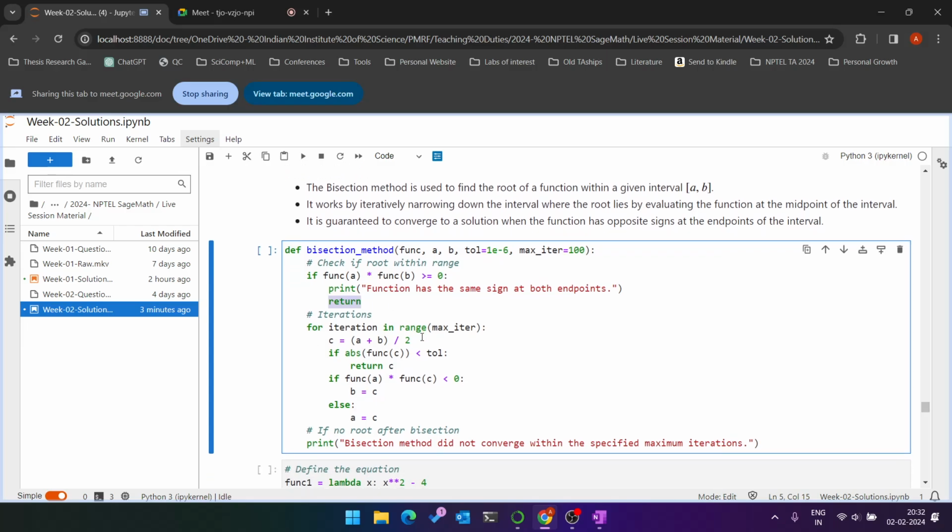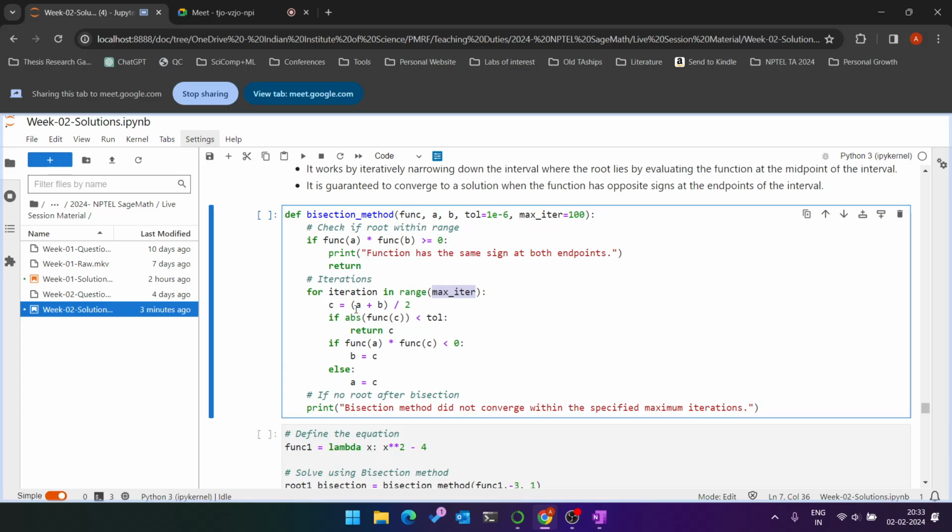For the case where we do have that guarantee, fa into fb is less than 0, we iterate up to our maximum iterations and calculate the midpoint c of a comma b. We check if the absolute value of the function at the midpoint c is less than our tolerance.